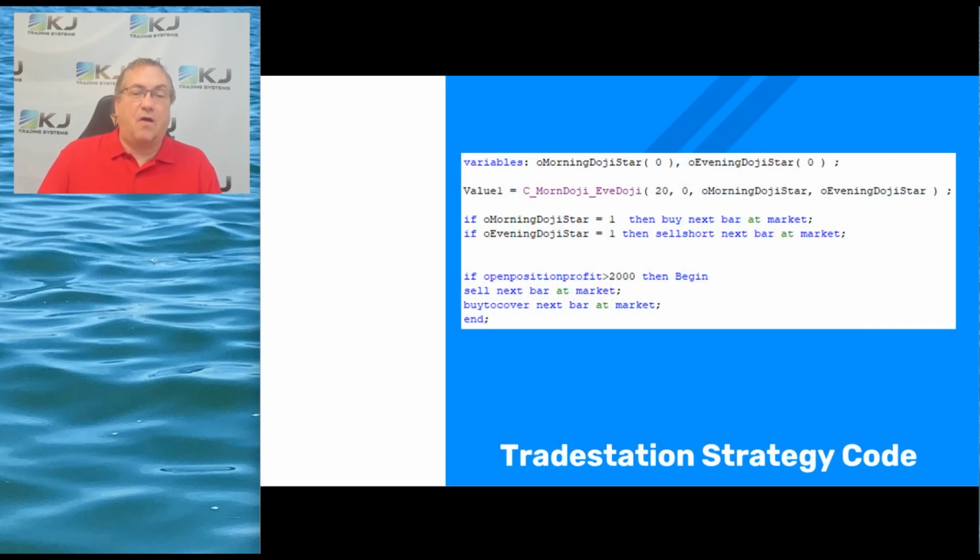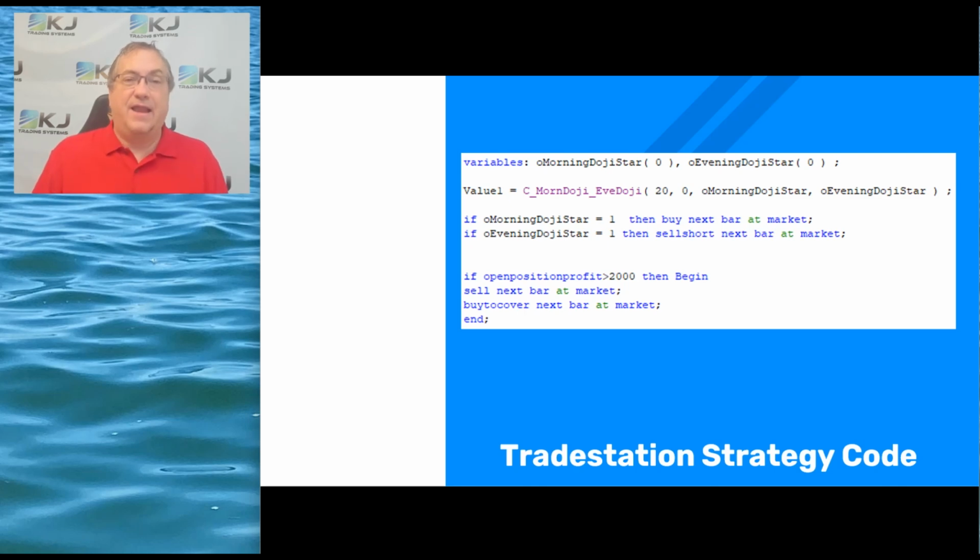If you look at the code for it, it's pretty simple. This is TradeStation EasyLanguage format. There's a built-in function for the doji, for the morning and evening star, so that's all I have to use. I said if it's a morning star, then buy. And if it's an evening star, sell short.